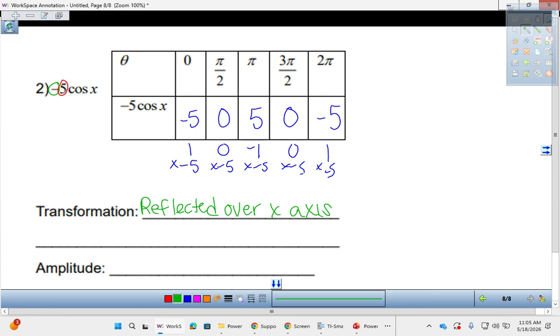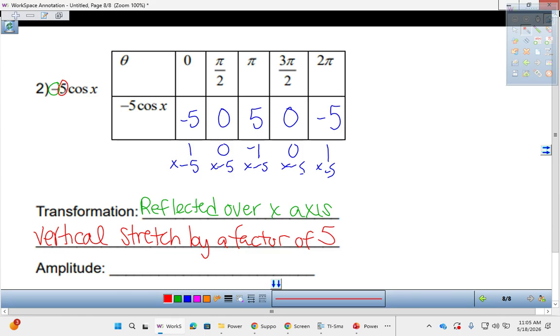So in my description, I would call the 5 a vertical stretch, because it stretched it up and down, by a factor of 5. Not -5, 5. The negative is the reflection. Are we okay with that piece? The amplitude is the height.